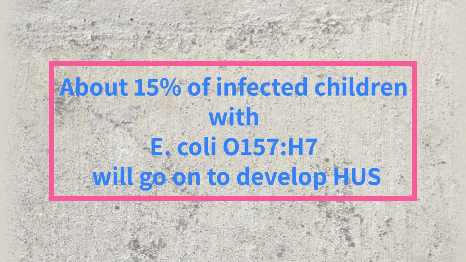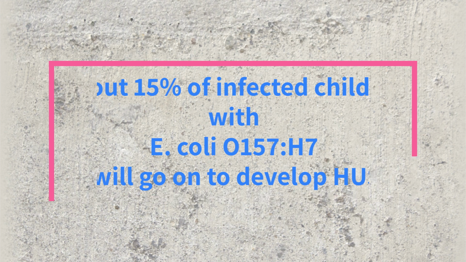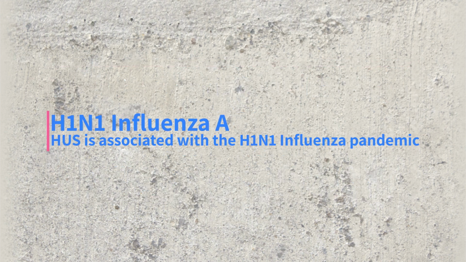About 15% of infected children with E. coli O157, H7 will go on to develop hemolytic uremic syndrome. H1N1 influenza A. Hemolytic uremic syndrome has been associated with the H1N1 influenza pandemic.